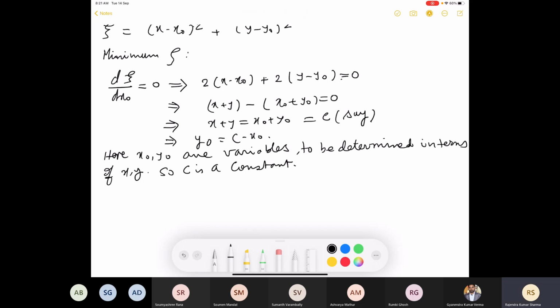Now, since this W naught is in W, and dimension of W is 1, as you see that this is spanned just by one vector, namely 1, 1.